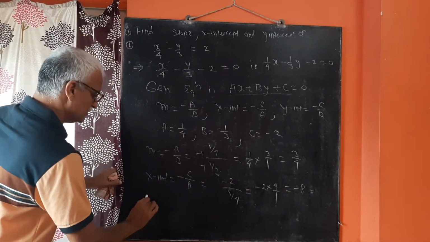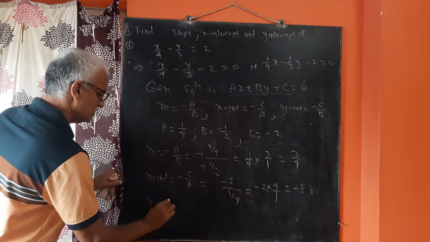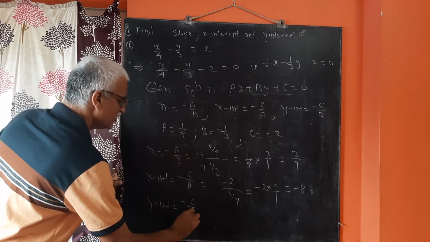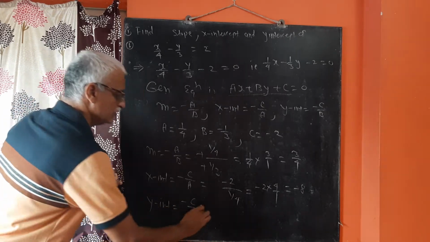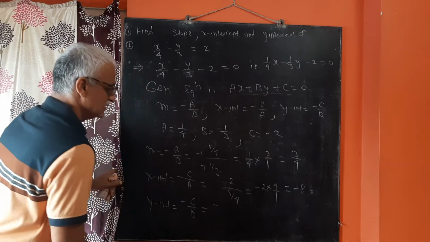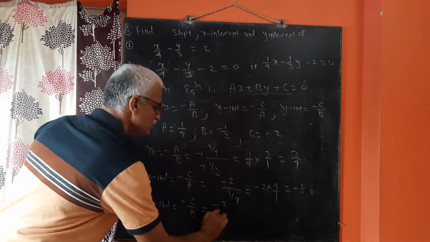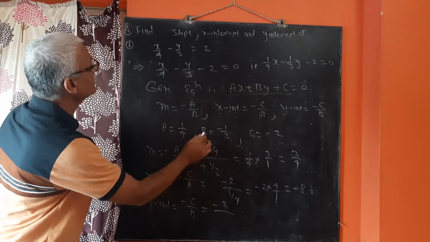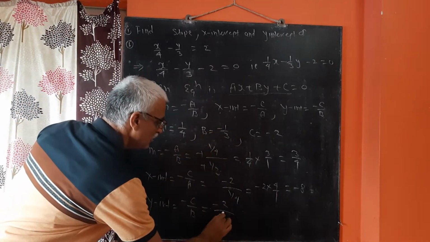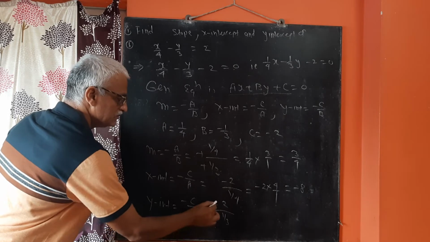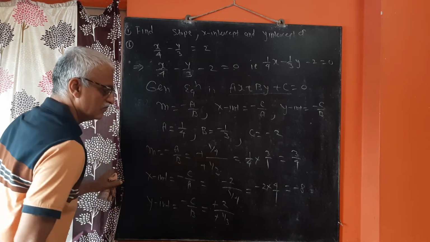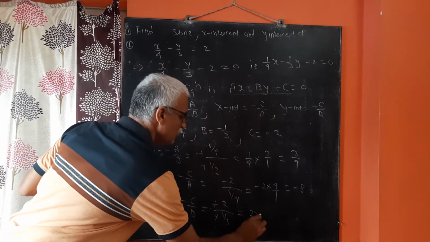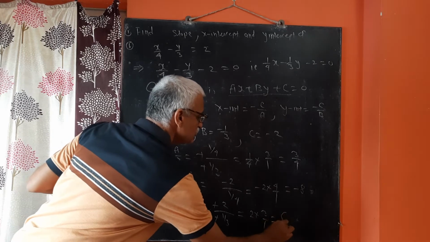Then y intercept is equals to minus c upon b, which is equals to minus, c is again minus 2 upon b. What is b? b is equals to minus 1 by 3. This minus minus gets cancelled. So it is 2 into 3 by 1 and that is equals to 6.